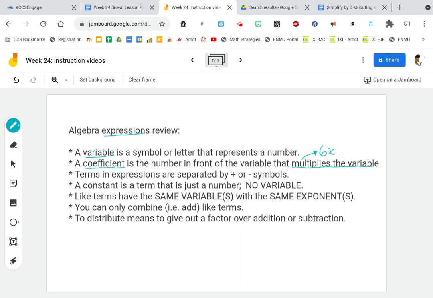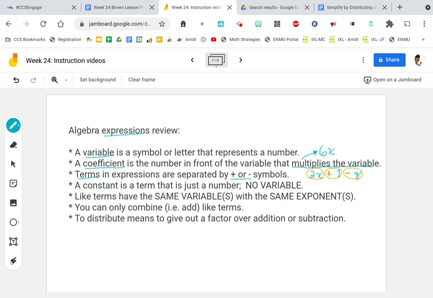Remember that terms and expressions are separated by plus or minus symbols. For instance, if I have the expression 2x plus 1 minus y, we would say that that expression has 1, 2, 3 terms, and that plus sign and that minus sign is what's separating those terms.